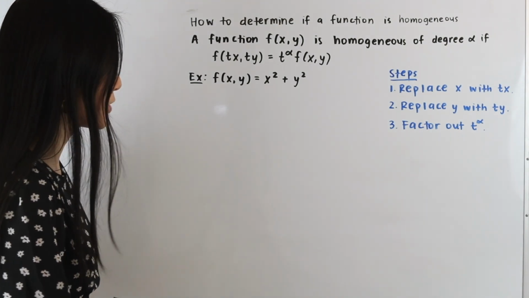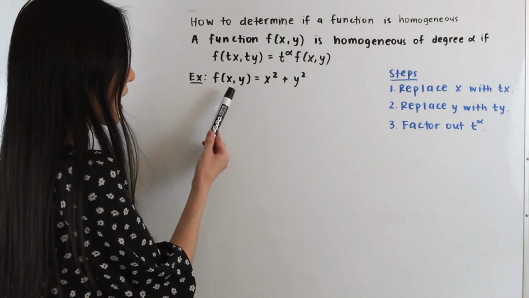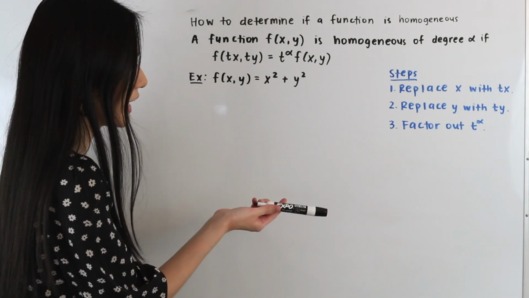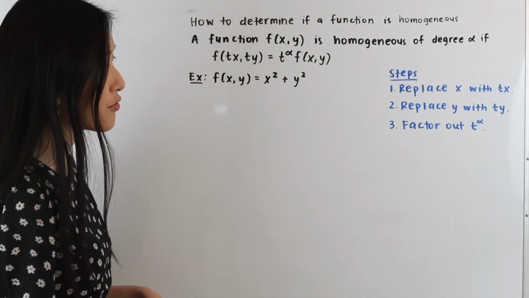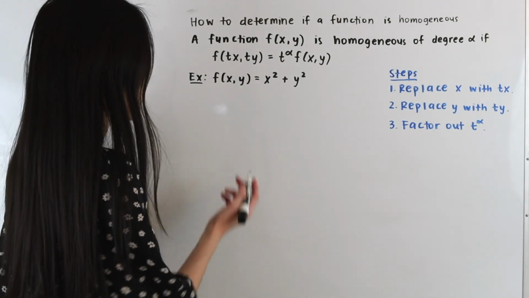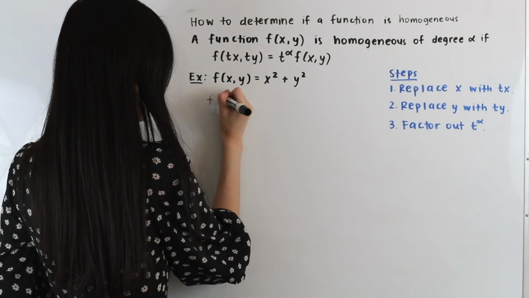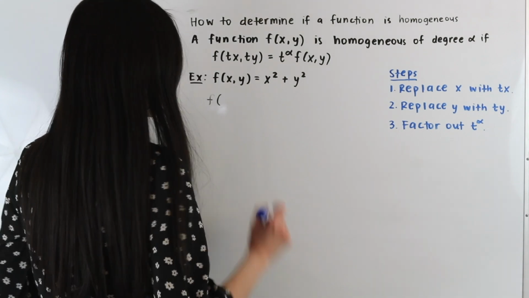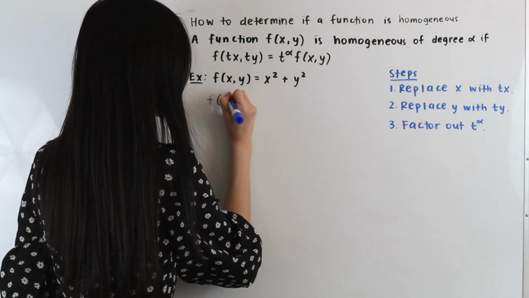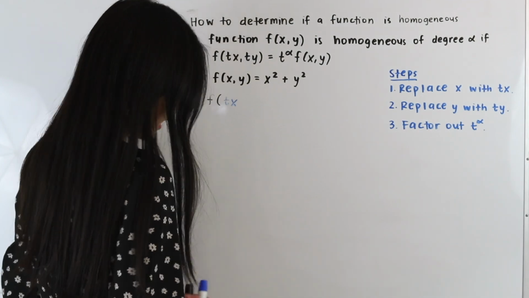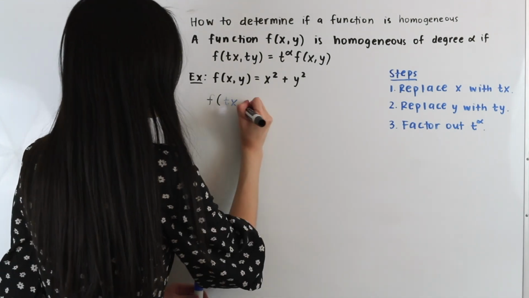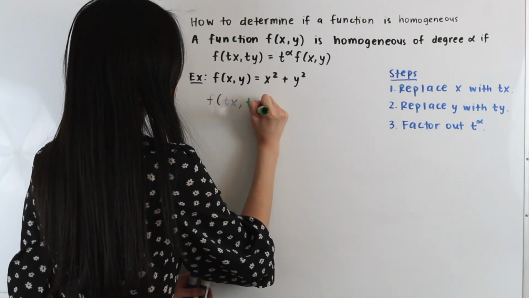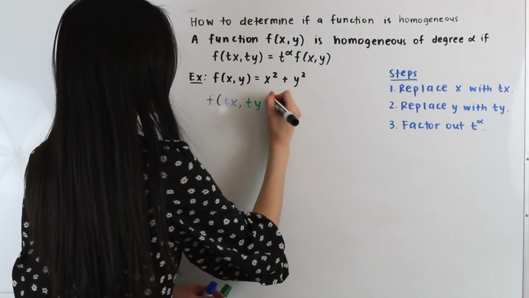So in this first example here, we have f of x y is equal to x squared plus y squared. So let's go ahead and plug in t x and t y for x and y. So we have f, and then instead of x, let's write t x, and for y, let's write t y.